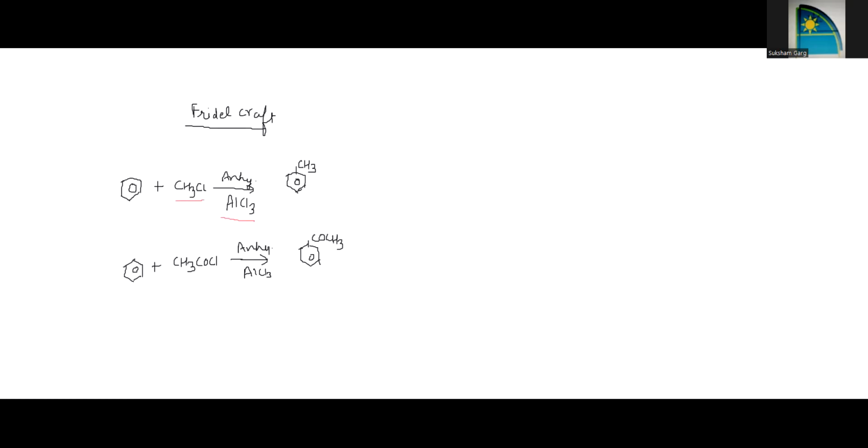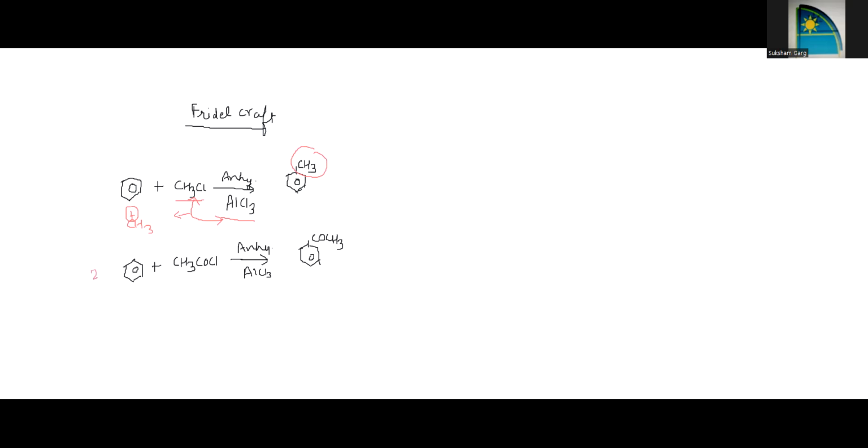The catch in this reaction is benzene can be attacked only by electrophile. So the combination of these two things is going to give us CH3 positive. That's why only CH3 positive will go and it will get attached to the benzene and we will get one carbon extra on the benzene.